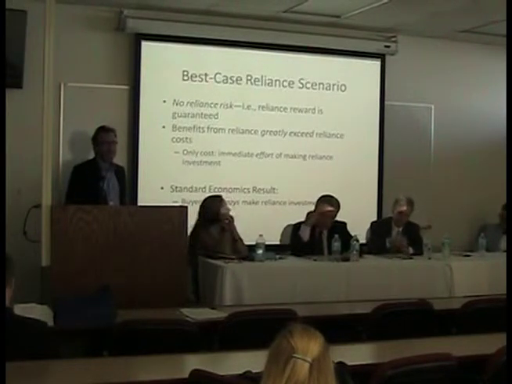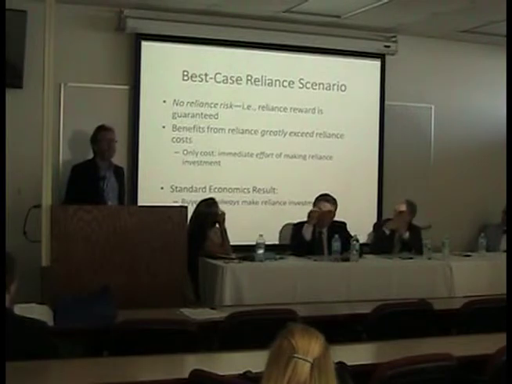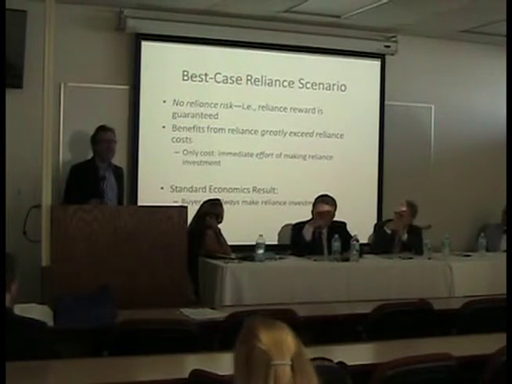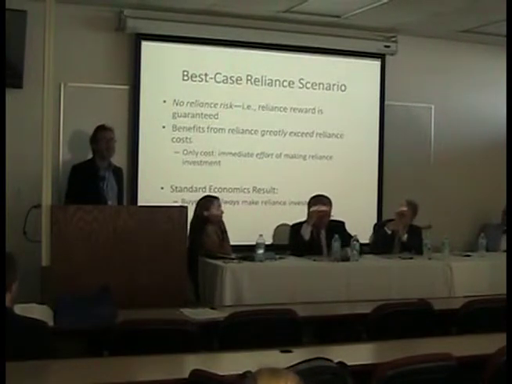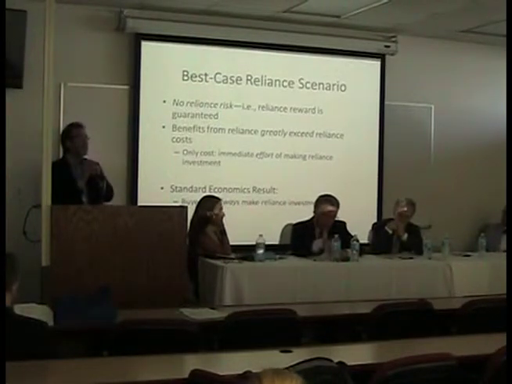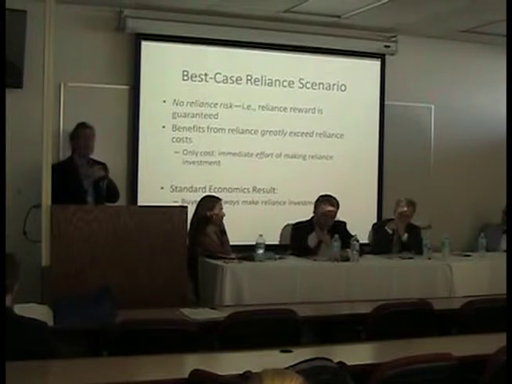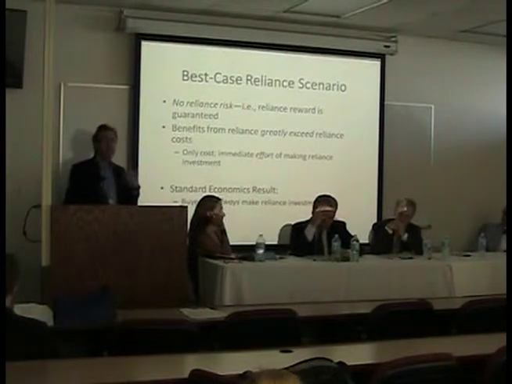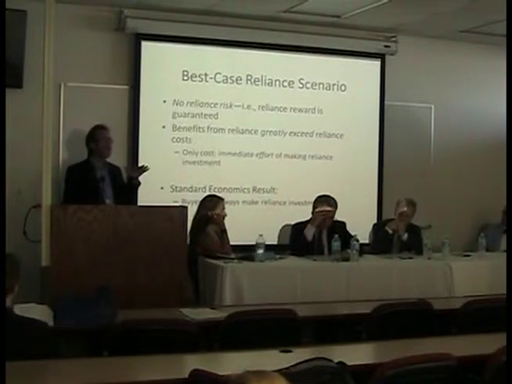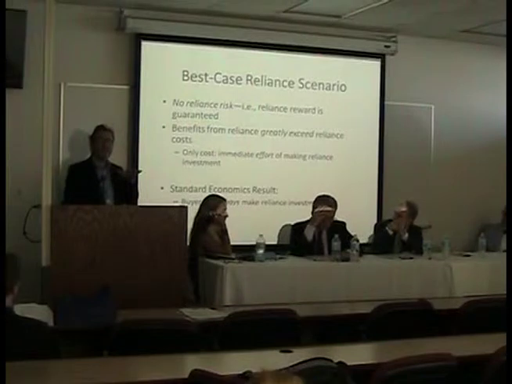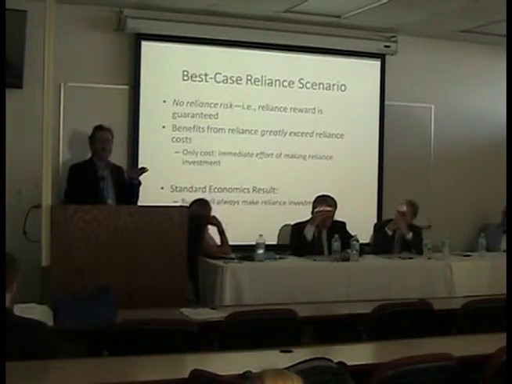Okay? So under the best possible scenario, assume that you would get your reliance rewards, they're guaranteed, so that we don't even have the problem that we usually assume under these optimal reliance models in law and economics. Assume that there's no reliance risk. There's going to be performance with 100% certainty by the seller. Okay?